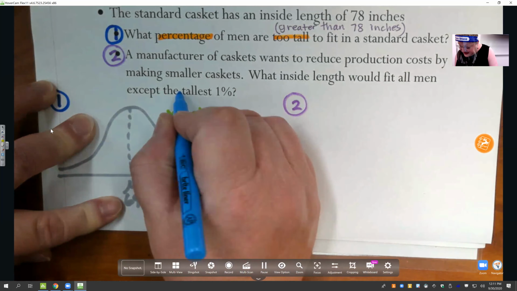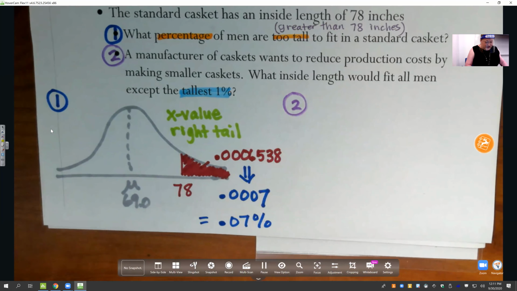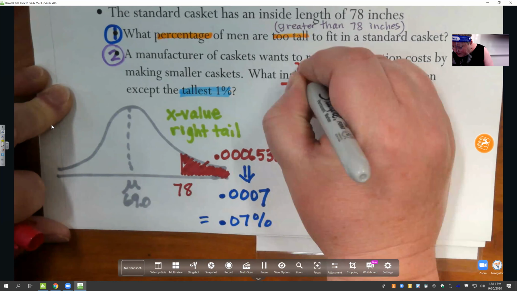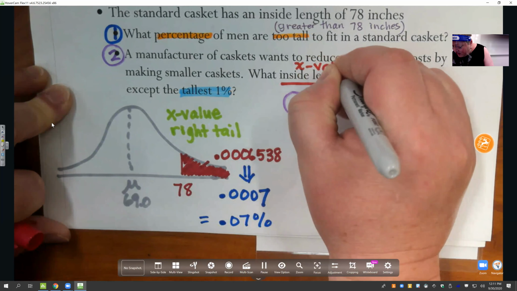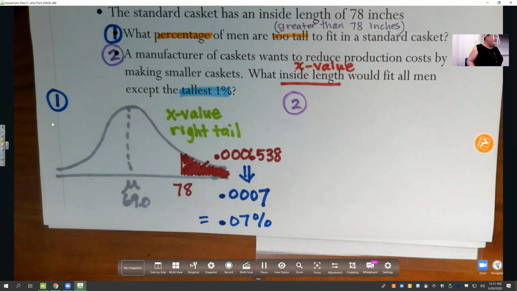Okay, so notice in this question, they give you the percentage. And again, the phrasing may throw you off, but it says what inside length. This is like they're asking you, what is the X value? Or what is the cutoff score? How much could he shorten the casket? Because if he can shorten the casket, then he doesn't have to use as much material, which in the long run is going to save him money.